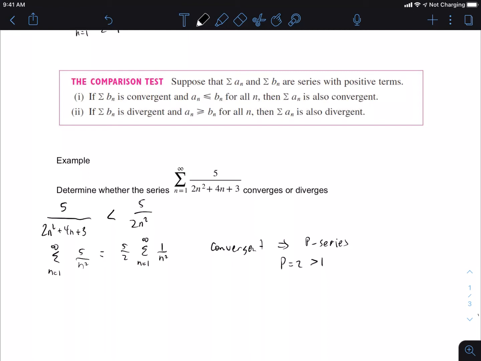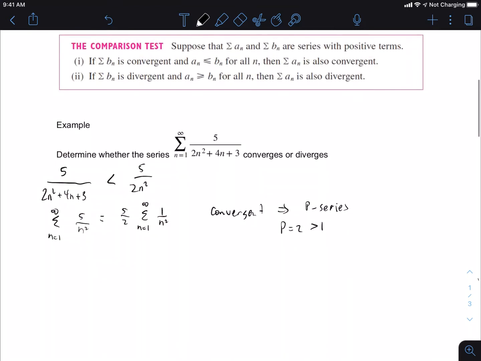And since this is bigger and converges, therefore our series is going to be convergent. So we know that it's going to go to some value. That's what the comparison test is telling us to do.